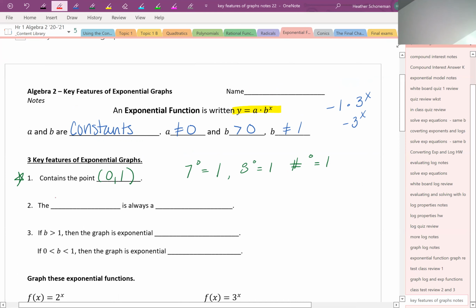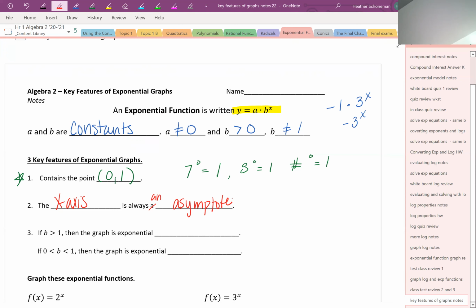The other thing is that the x-axis is always an asymptote. Okay. The x-axis is always an asymptote. And if we remember, we've talked about asymptotes before.